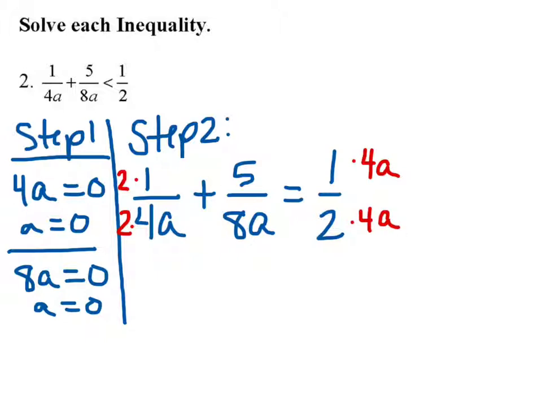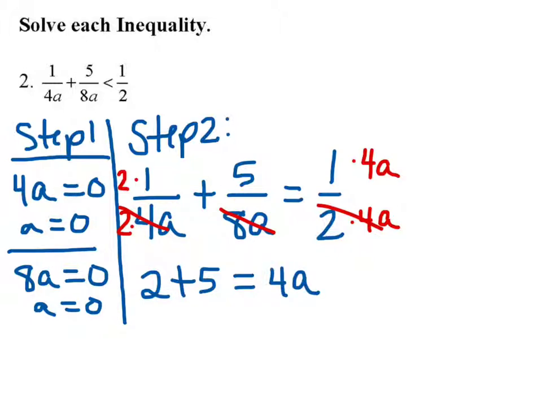Now that we have fractions with like denominators, we can now cancel those denominators. And in the next step, our equation is 2 plus 5 equals 4a.